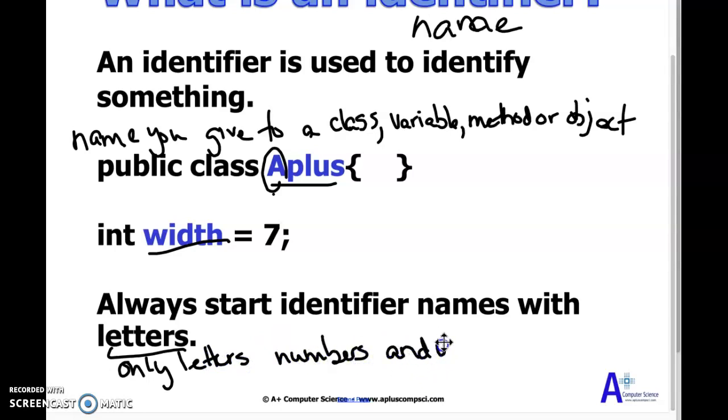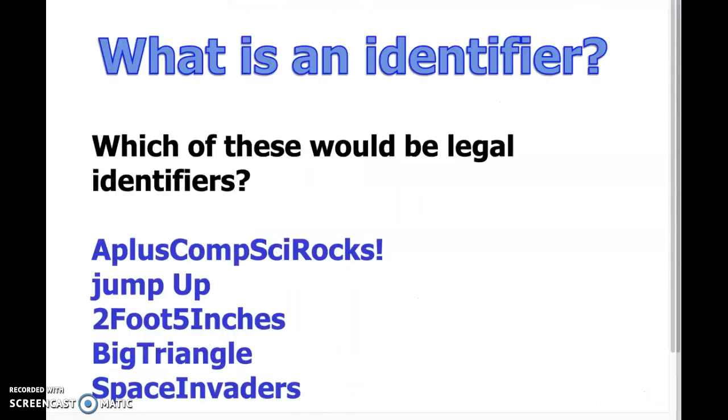Underscore is that thing that's shift minus sign. There are a couple other symbols allowed, but don't get used to using them, because not a lot of programming languages allow you to do that.